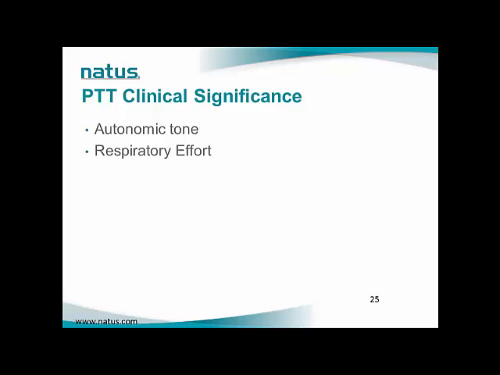Thus, a slight increase in the blood pressure causes an increase in vascular tone, which in turn stiffens the arterial wall, causing the PTT to shorten. That is represented as a transient dip in the baseline of the PTT signal. An increase of PTT reflects an increase in respiratory effort.